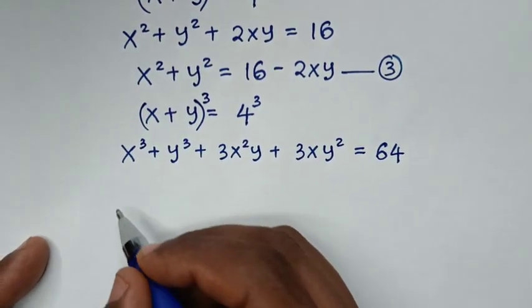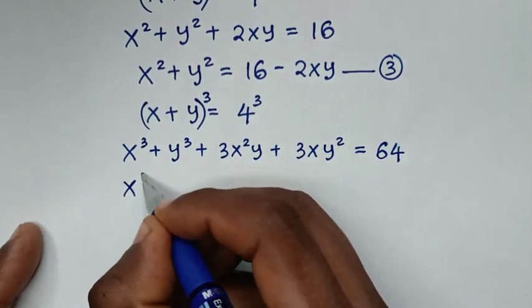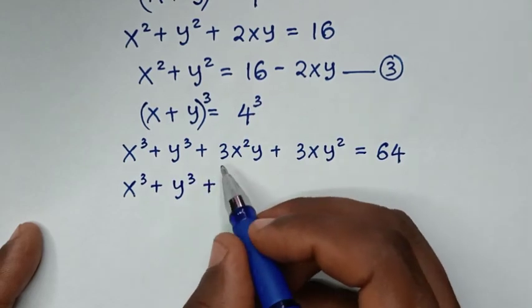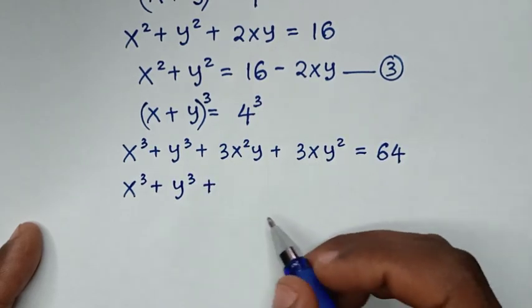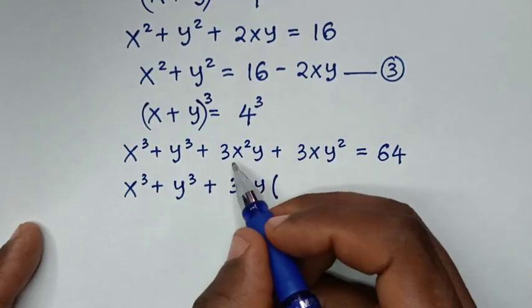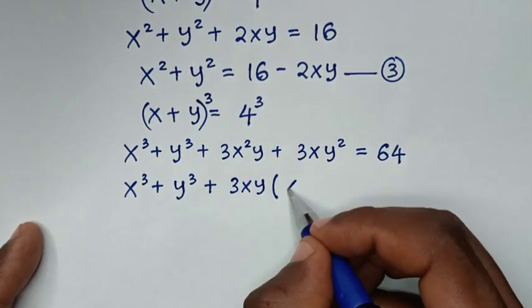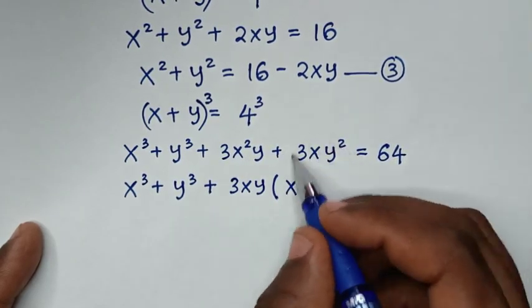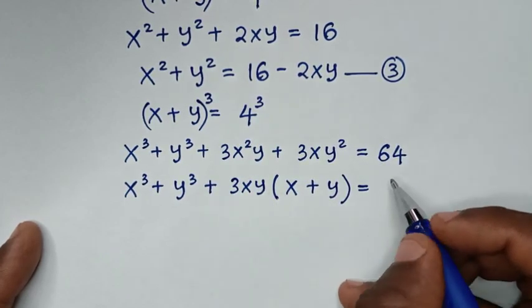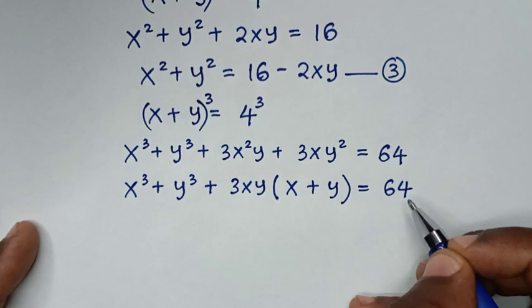Then in the next step, it will be x power 3 plus y power 3 plus, here 3xy is common, so we'll take 3xy out of the bracket. This divided by this is x plus this divided by this is y, bracket, is equal to 64.